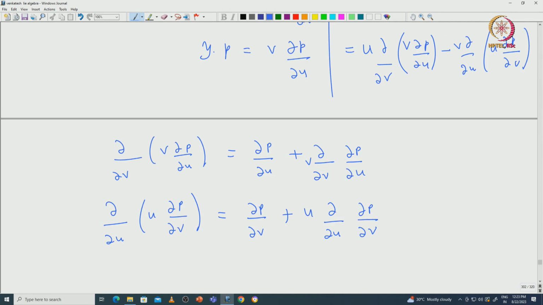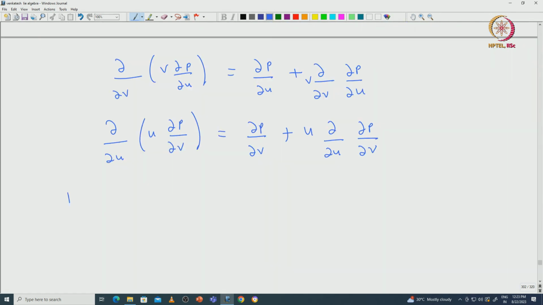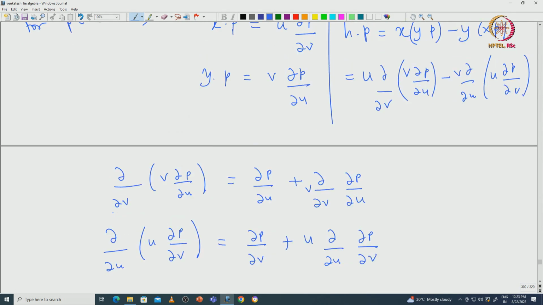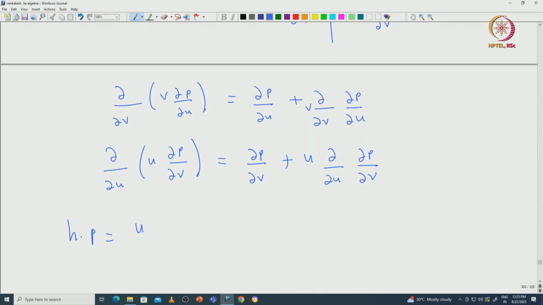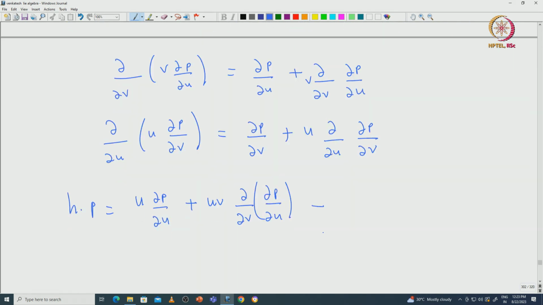So, then if you plug it back in, you can see that H·P should be equal to u times this. So, u ∂P/∂u plus u v ∂/∂v ∂P/∂u, and then minus v ∂P/∂v minus u v ∂/∂u ∂P/∂v.